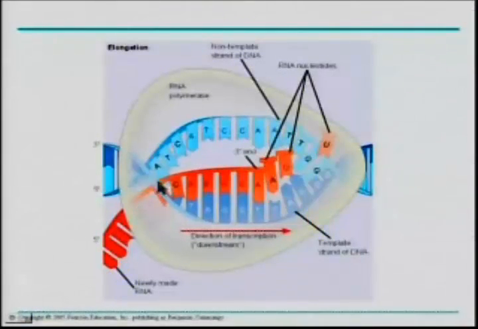So here we see the 5' and the 3' end, and the direction of transcription is downstream from the start site, and we see that the RNA polymerase will create the nucleotide bond between the nucleotides that are coming in, and they have an affinity for their pair, their mate, and they stick to that, and then the enzyme will ligate it and form the polymer chain of the RNA.